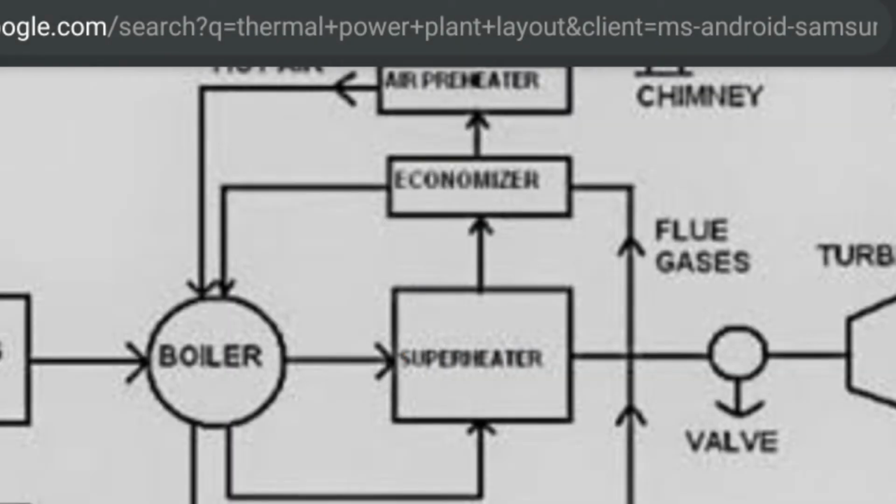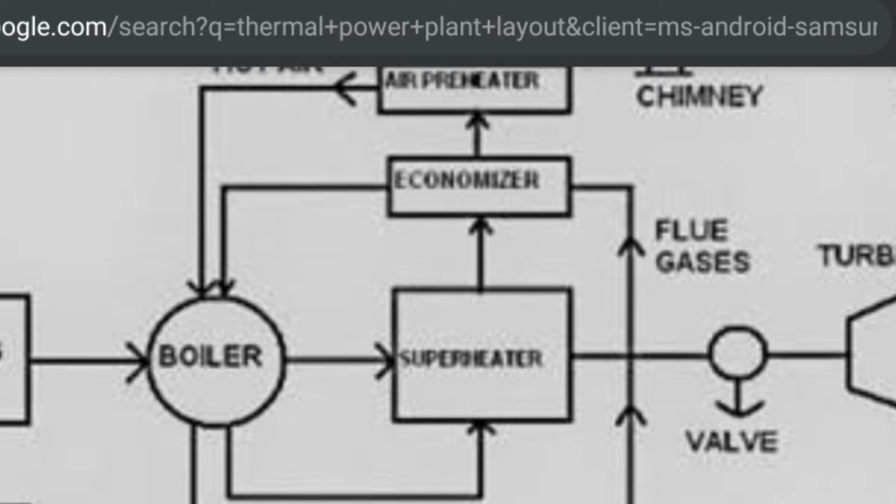The steam generating plant consists of boiler for the production of steam and other auxiliary equipment for the utilization of flue gases. We will see about boiler. The heat of combustion of coal in the boiler is utilized to convert water into steam at high temperature and pressure.